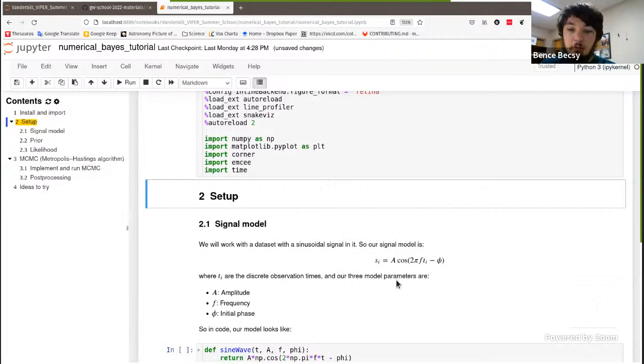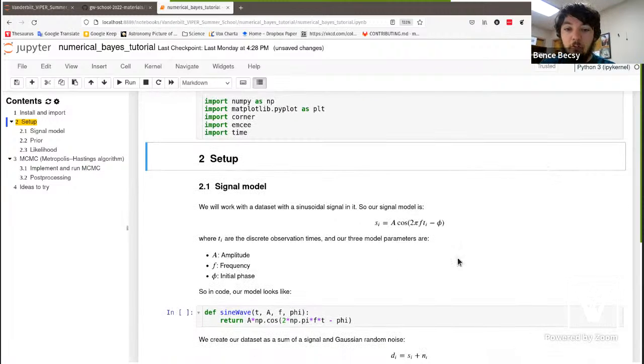So as I said, we will look at a simple sine wave in Gaussian noise. And so our model just looks like this. It has an amplitude and a cosine of 2 pi frequency times a time series and some initial phase.